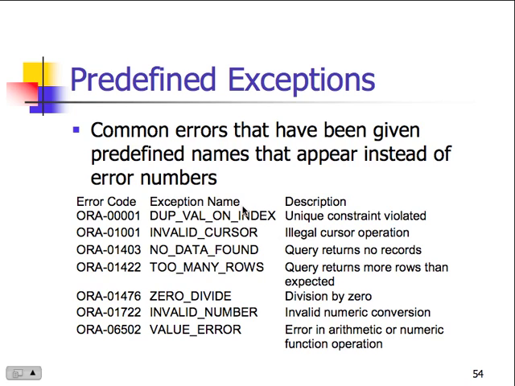The exception handler and the exceptions built into PL/SQL allow you to take the built-in codes and the predefined exception names and give them a meaningful explanation. So when your program encounters this exception, it can print out unique constraint violated to the user instead of the cryptic ORA-00001 or whatever happens to be associated with it.